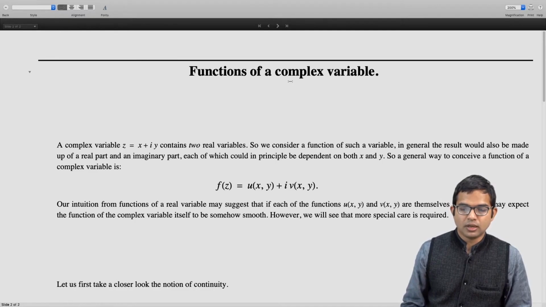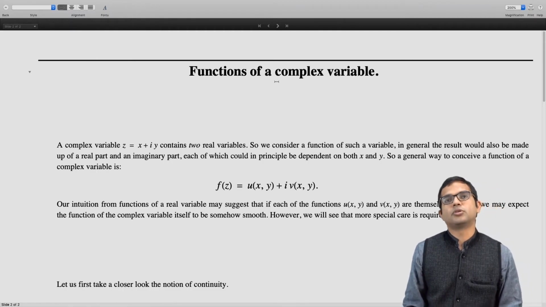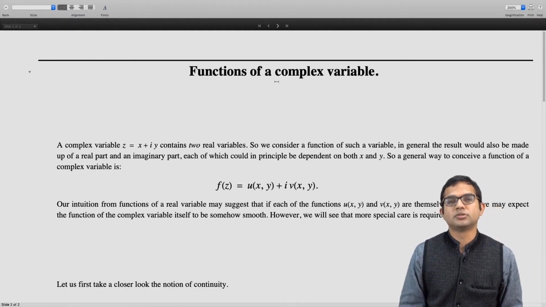To do this, we'll first look at the notion of continuity. So what is our intuition about continuity from functions of a real variable? It's the idea that there is nothing very jarring in the movement of the function.